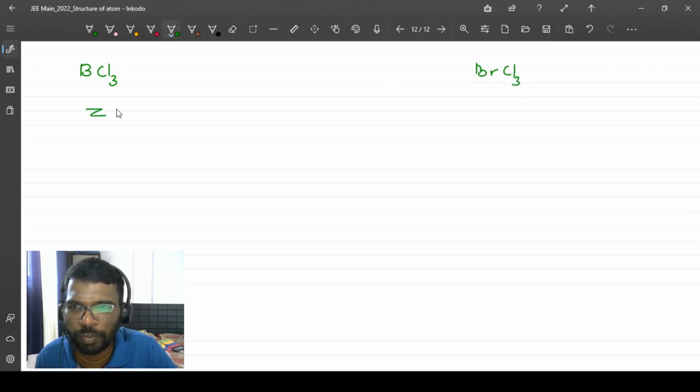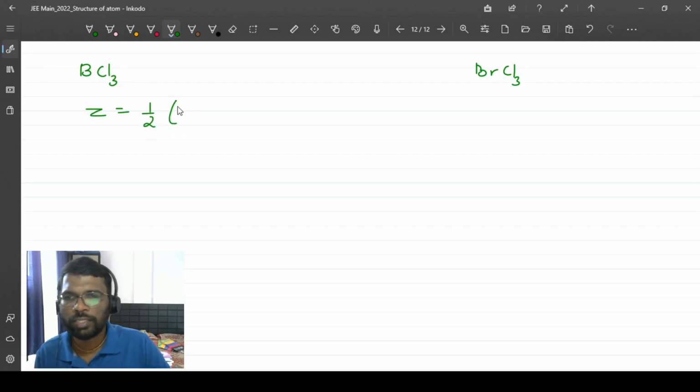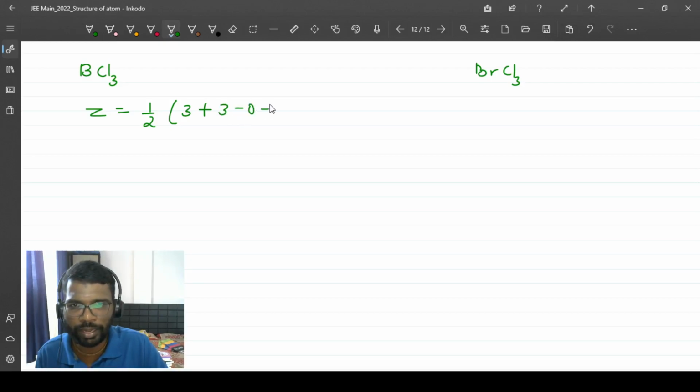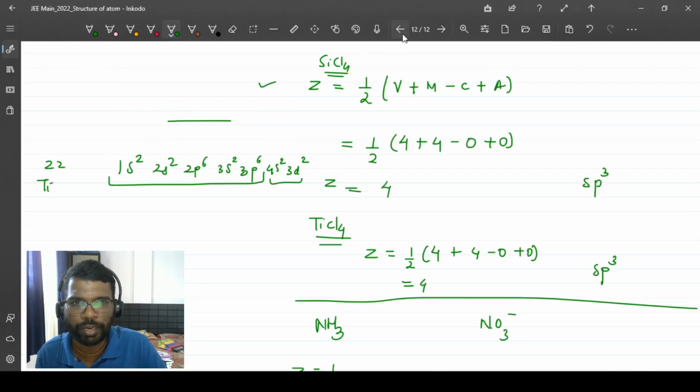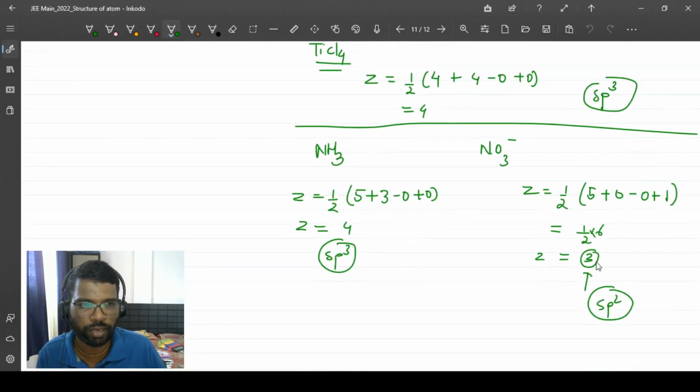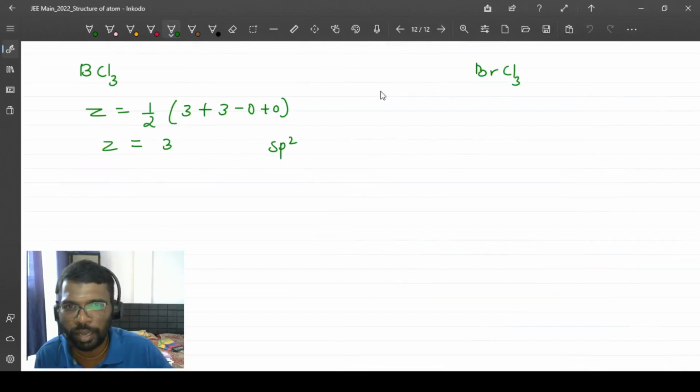For BCl3, Z will be half times the valence electron for boron, which is 3, plus the number of monovalent atoms connected, which is 3. This is not ionic, so the cationic and anionic charges are 0. So here Z will be equal to 3, so the hybridization is sp2, the same way as we did before. When it is 3, the hybridization is sp2.